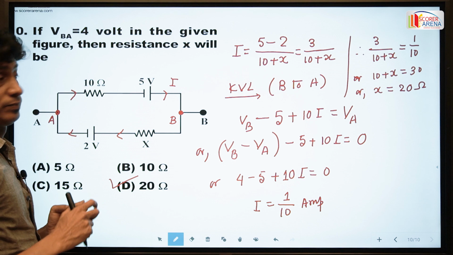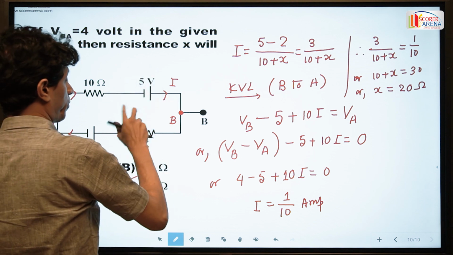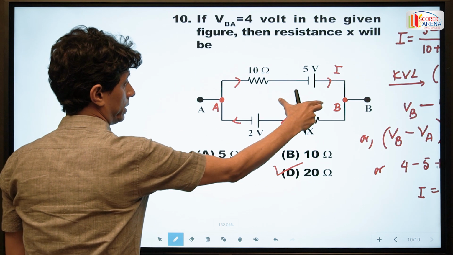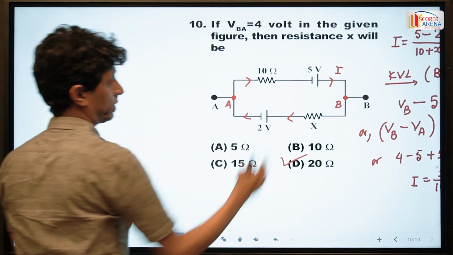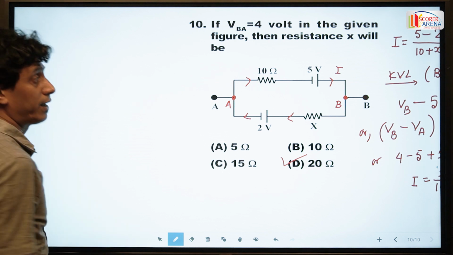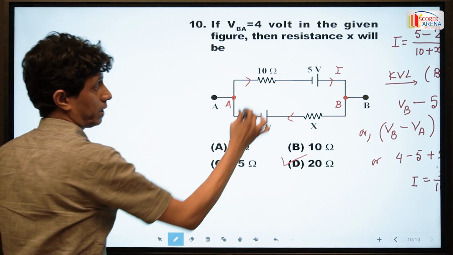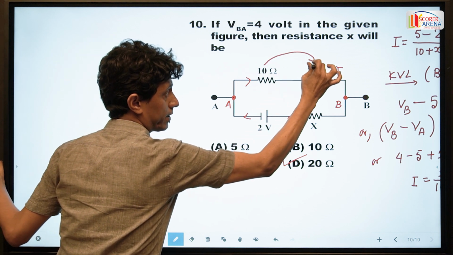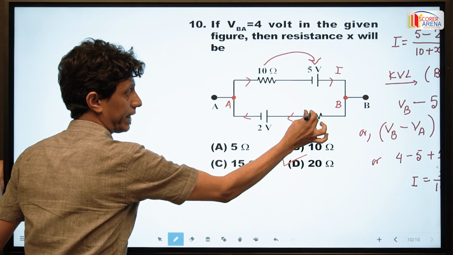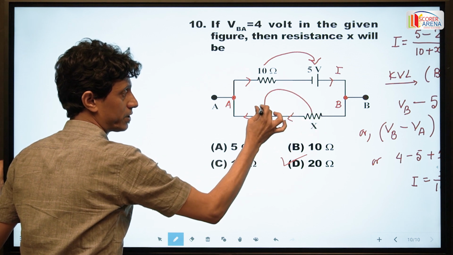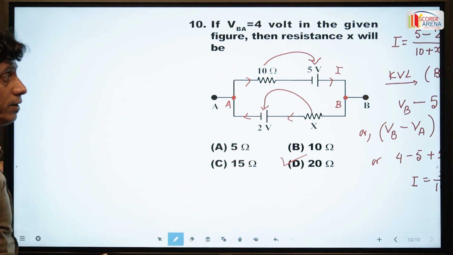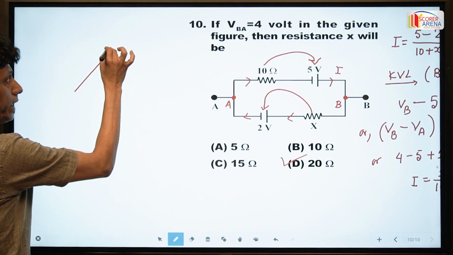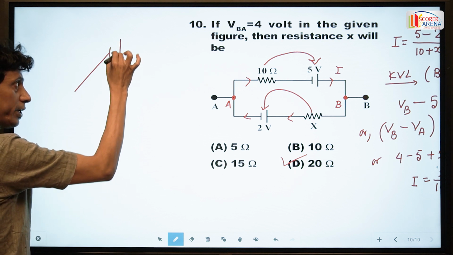And this problem also can be solved if we consider the 10 ohm as the internal resistance of this cell and X as the internal resistance of this cell. So these two cells can be connected and redrawn.